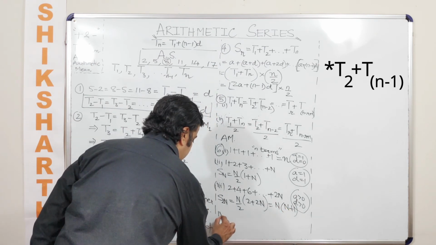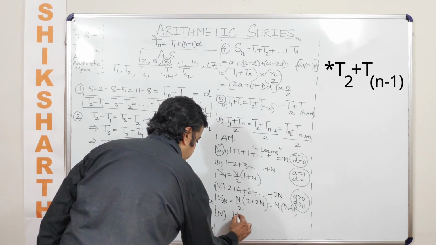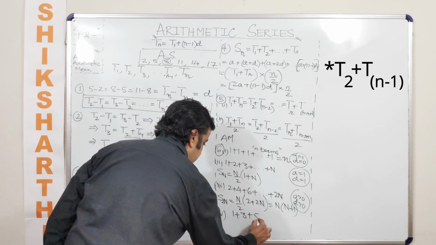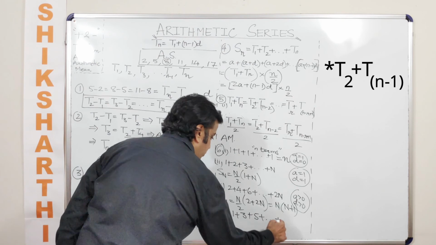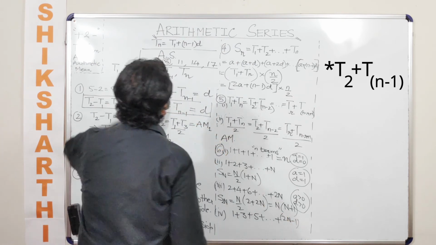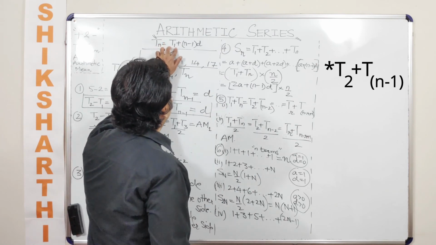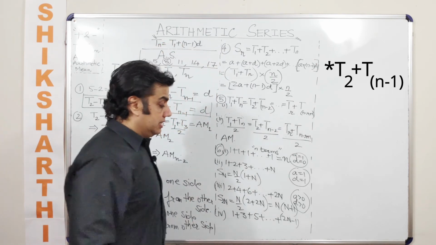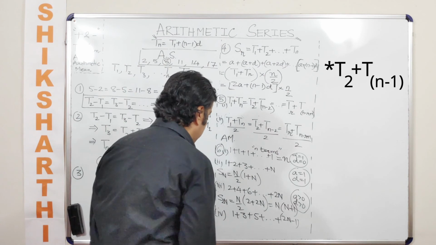Last but not the least, if I take the first n odd numbers, using the same logic, the nth odd number will be 2n minus 1. So 1 plus 2n minus 2 is just like saying 2n minus 1.